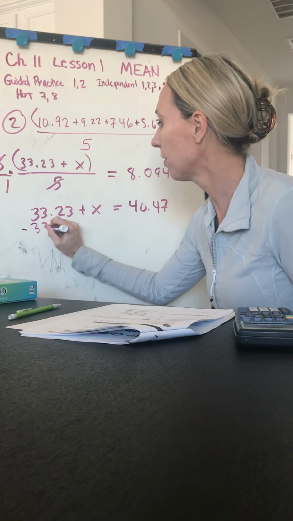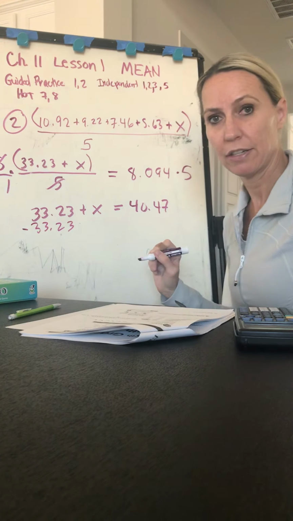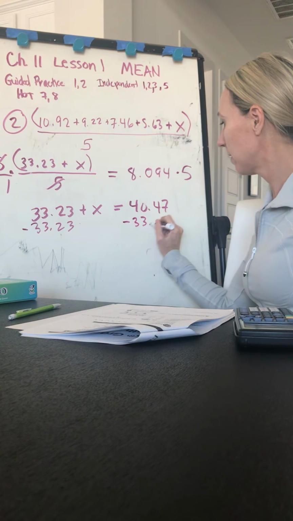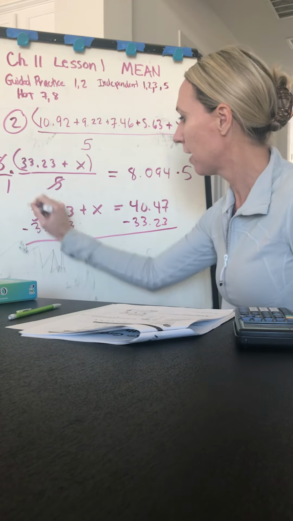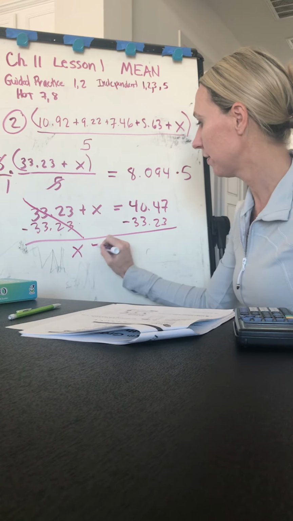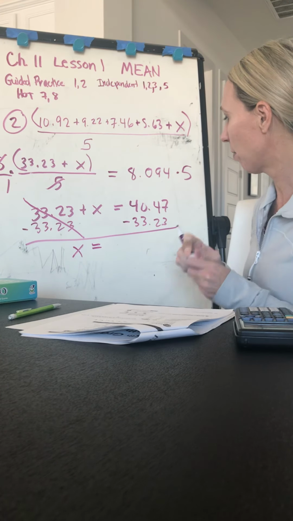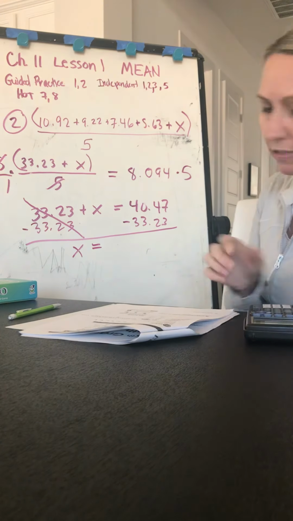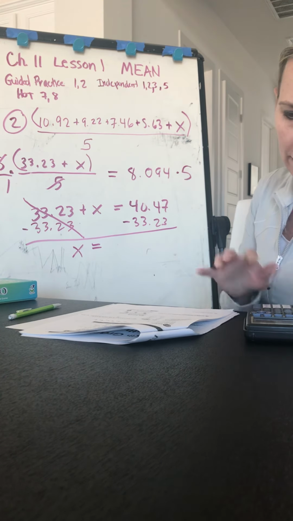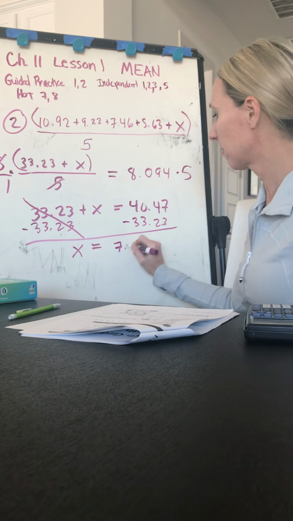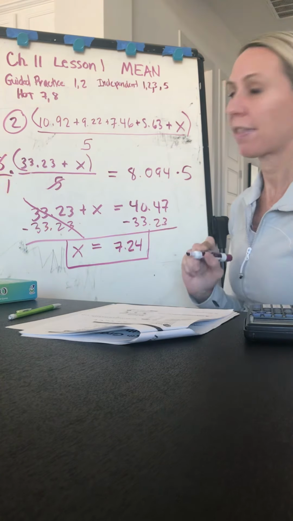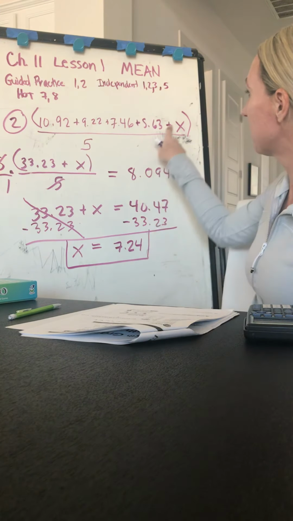So I'm going to subtract 33.23, and whatever I do to this side of the equation, I have to do to this side of the equation, so it stays equal. Those cancel, which is what we wanted, and we're left with x by itself, and then 40.47 minus 33.23 is 7.24. Okay, and that would be the missing number here.